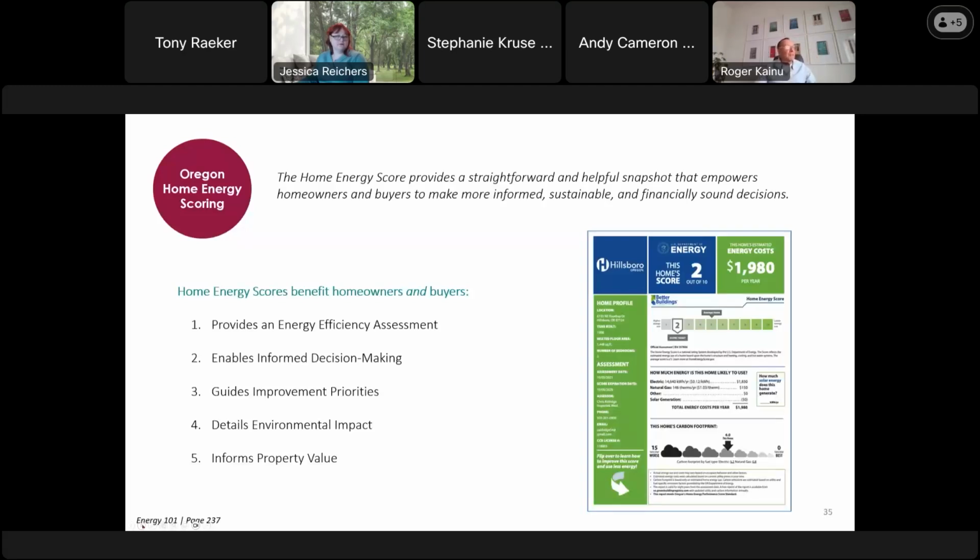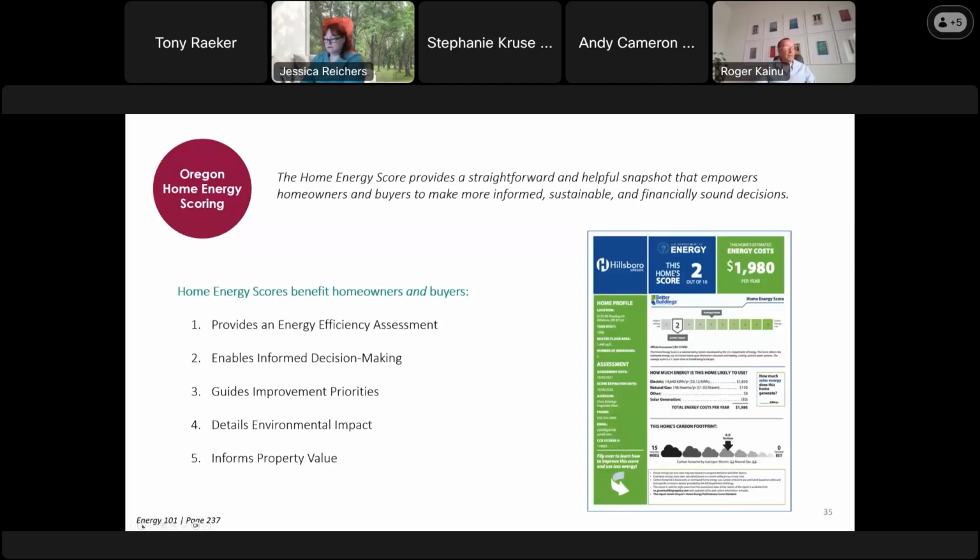The home energy score also comes with specific suggestions for upgrades or changes that can improve a home's energy efficiency. This could include insulation, window upgrades, or HVAC improvements, which are actionable and help guide improvement efforts. For environmentally conscious consumers, the score highlights how a home's energy use impacts the environment. Improving the score often leads to lower carbon emissions and a reduced environmental footprint.